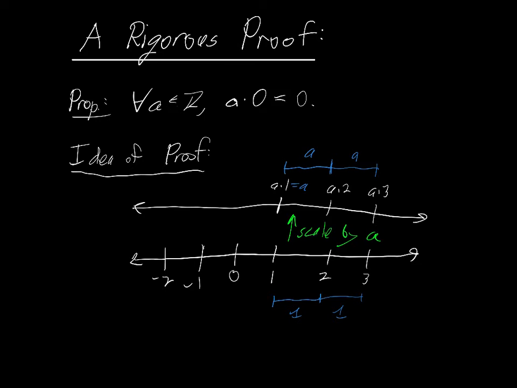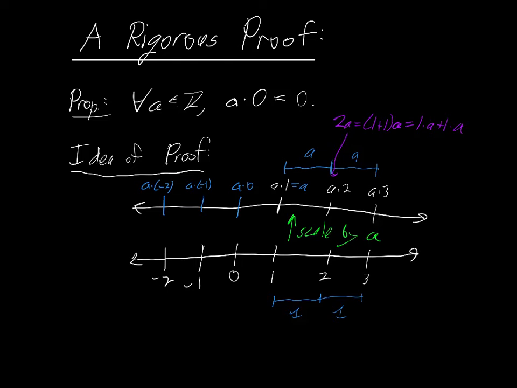So you could imagine that I have a times 0 here, a times -1, and a times -2, and so on. This is a, right here. 2a is 1 plus 1 times a, which is 1 times a plus 1 times a.